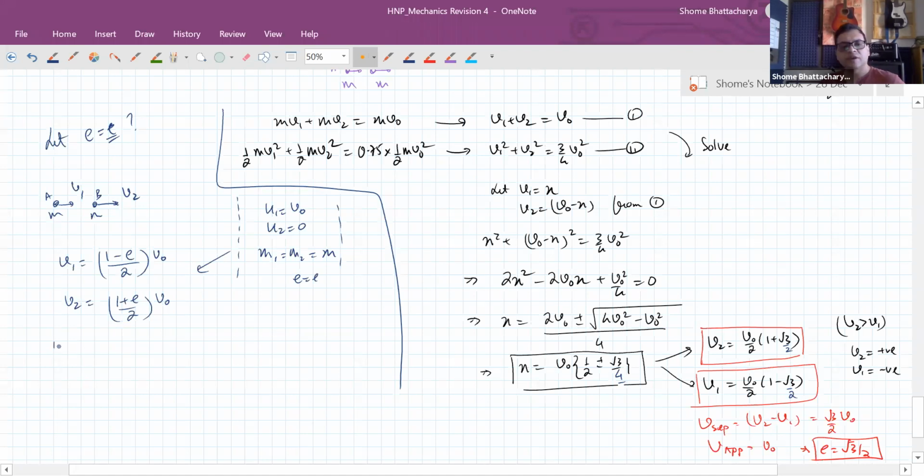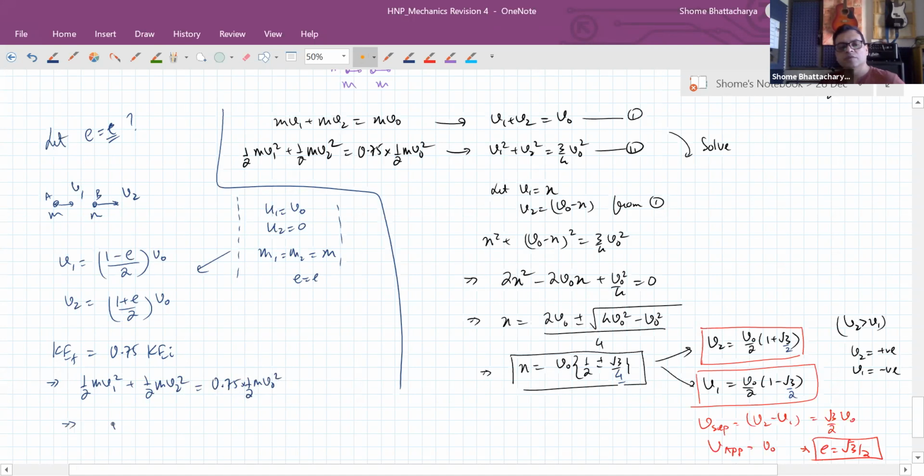So now you can see that the final kinetic energy is equal to 0.75 times the initial kinetic energy. So half m V1 square plus half m V2 square, this.